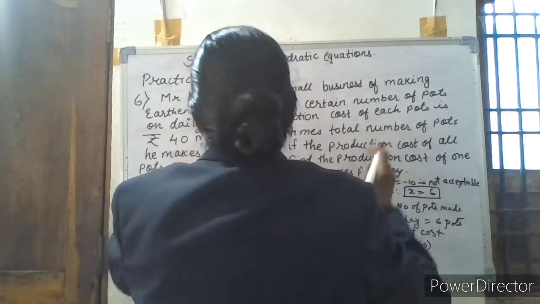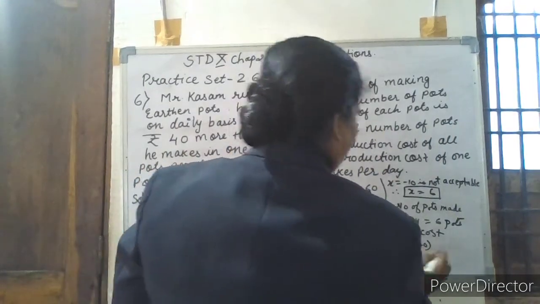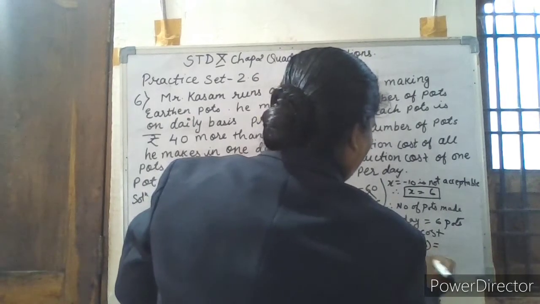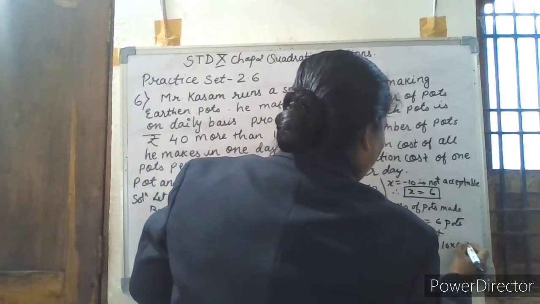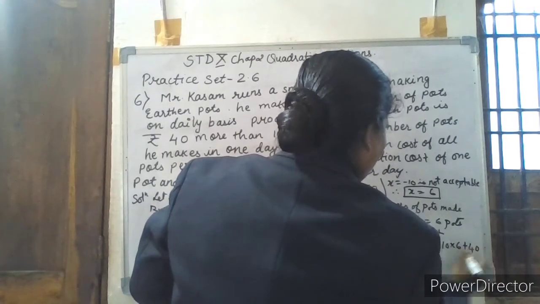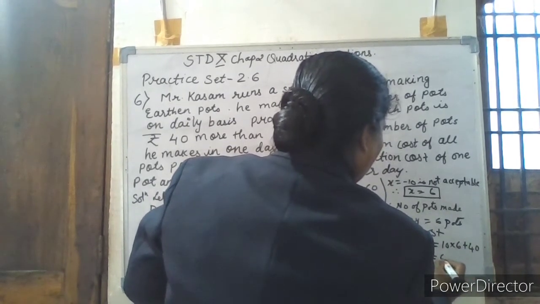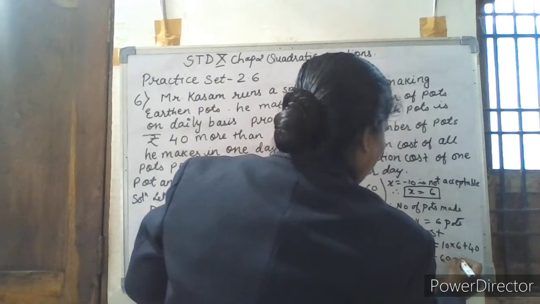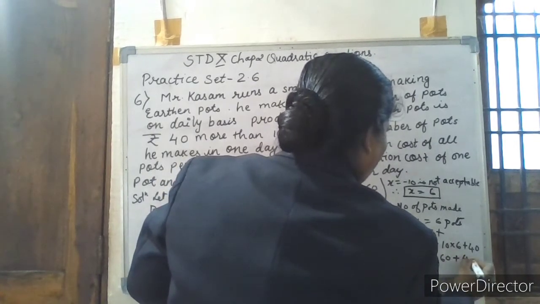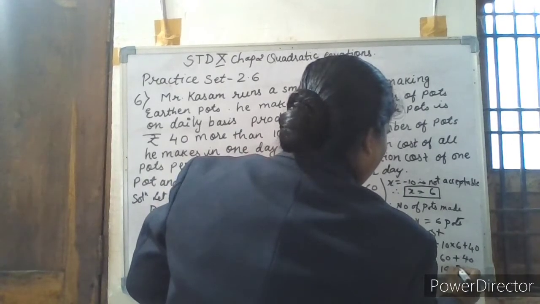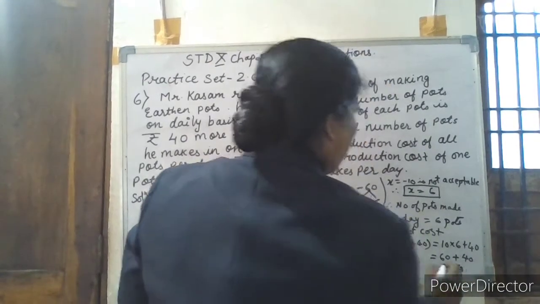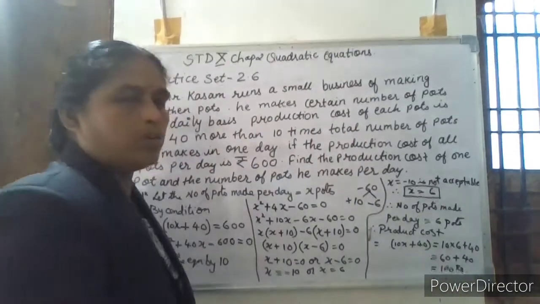This is the production cost, that is equal to 10 into 6 plus 40, that is equal to 10 6 are 60 plus 40, that is equal to 100 rupees. That is the production cost of one pot he makes in the day.